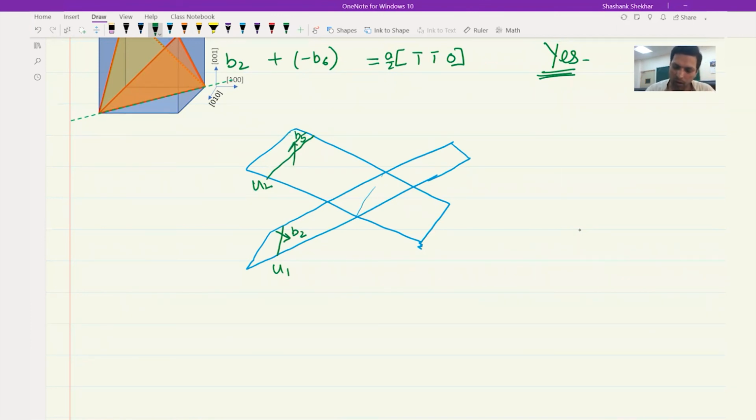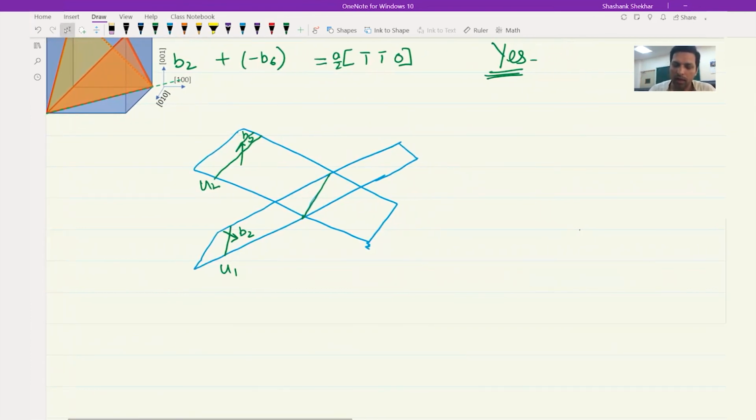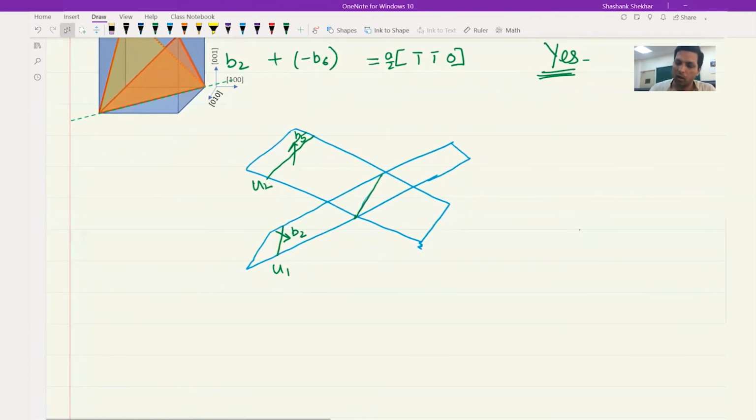And somewhere over here, these two combine, and the line on which they will combine is this one. So we can understand the line vector of the resultant dislocation by finding the intersection of these two planes. What are these planes? Again, these were 1, 1, 1 and 1, 1 bar 1.